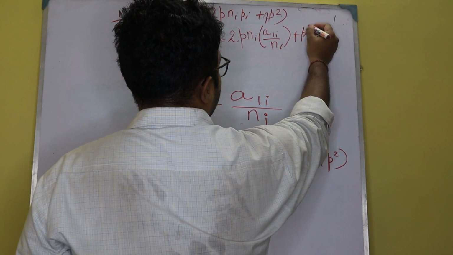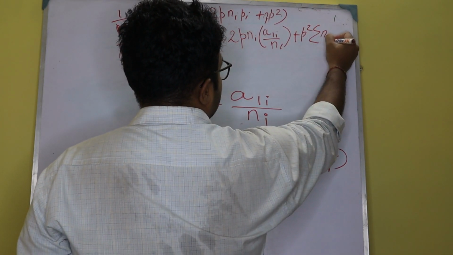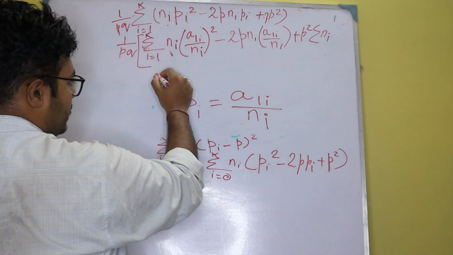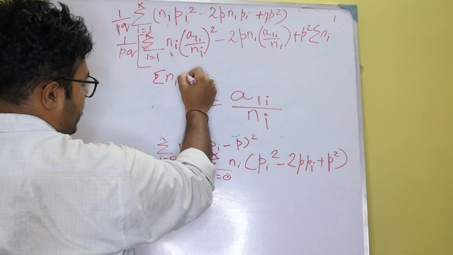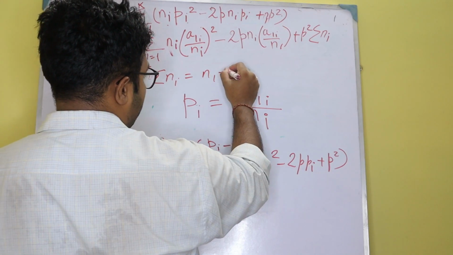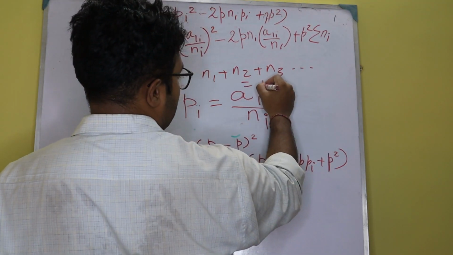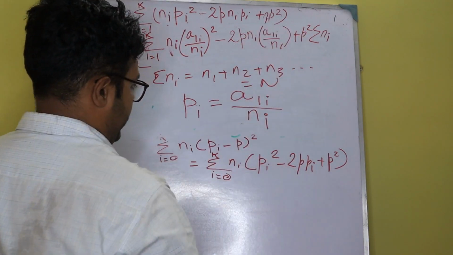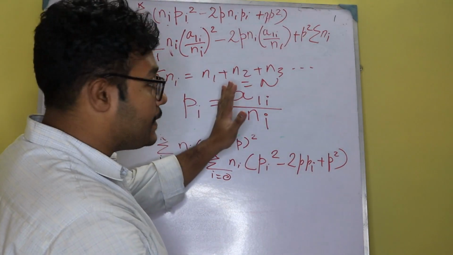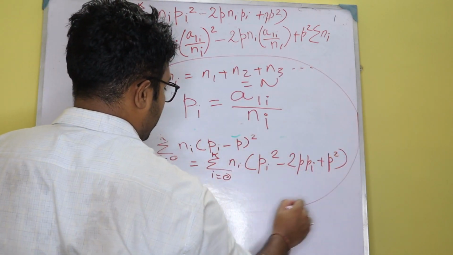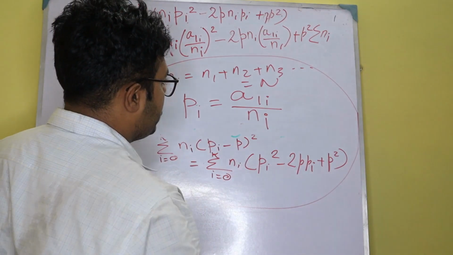Again, if I take out p square and put ni here, what is ni? Summation of ni means n1 plus n2 plus n3 up till here, which is equal to n. So I will put here n.